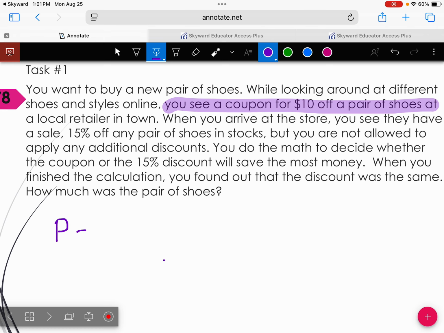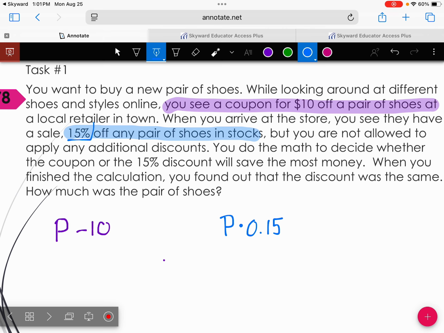Yeah, it's subtracting $10. What about if I have 15% off a pair of shoes? How do I do 15% off a pair of shoes? Times 0.15. That gives us our 15%.